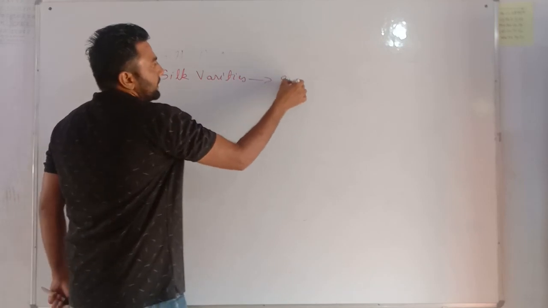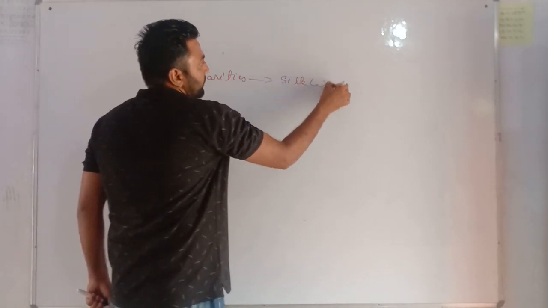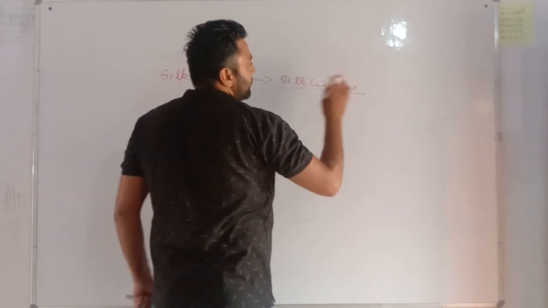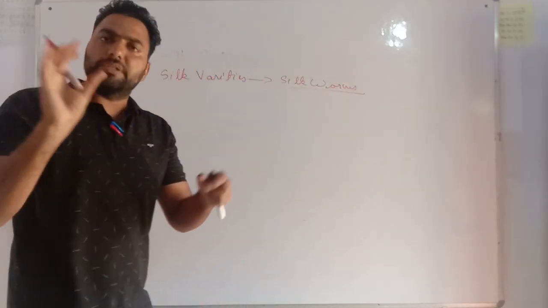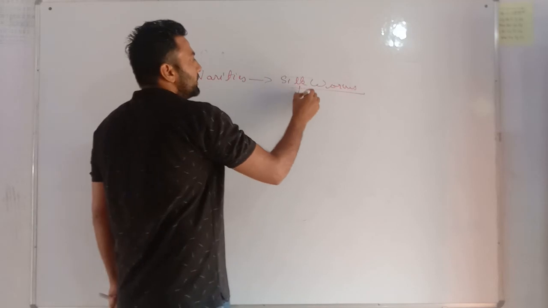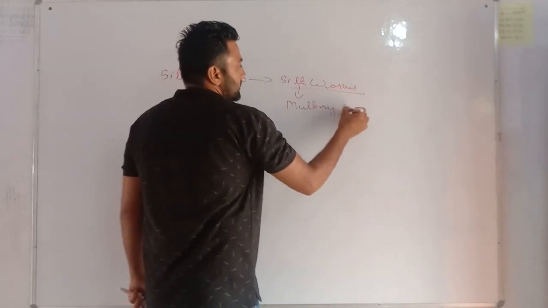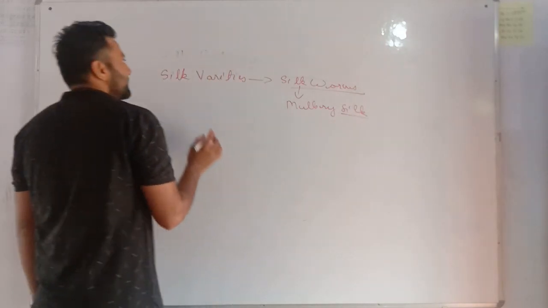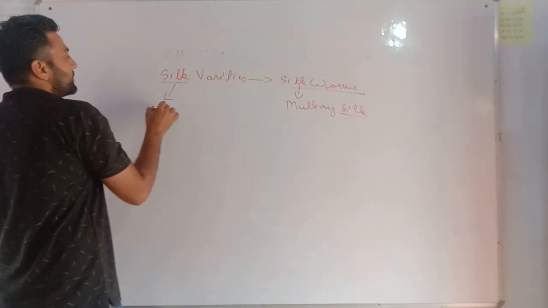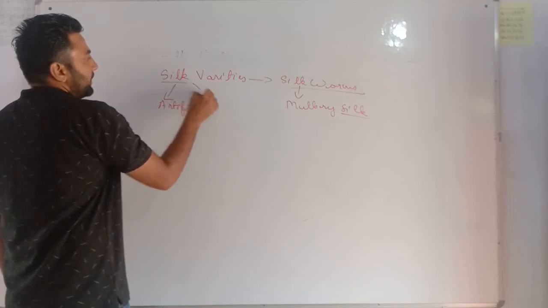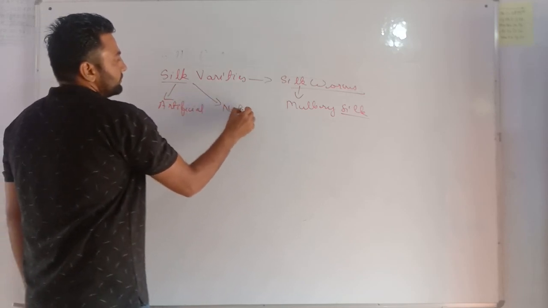See, dear students, there are many varieties of silkworms. All these silkworms give different types of silk. Most common silk is mulberry silk. My dear students, silk in market is present in both the forms, artificial form and natural form.